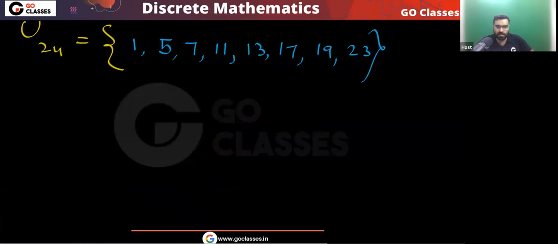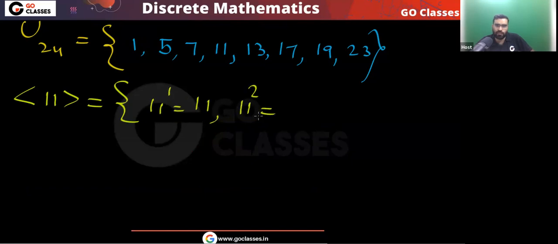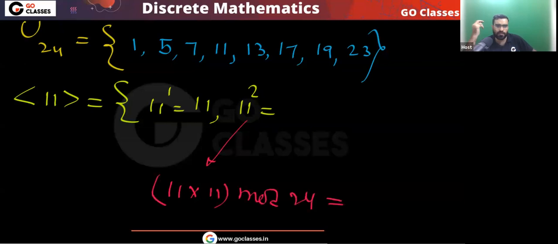What about the next? What can I say about 11? 11 can generate 11. What is 11 power 2? Can you check? That means 11 multiplied by 11 mod 24. What is this value? Is this value 1?